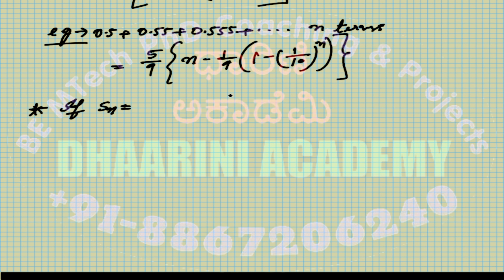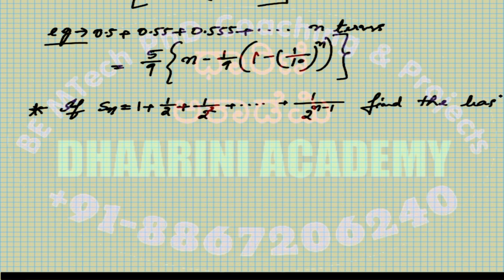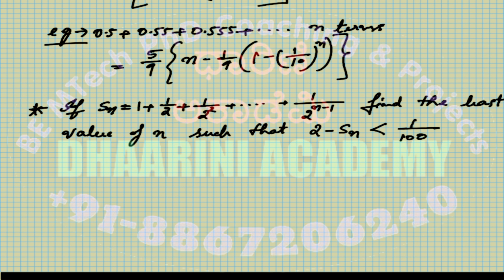If Sn is equal to 1 plus 1 by 2 plus 1 by 2 square, up to 1 divided by 2 to the n minus 1, find the least value of n such that 2 minus Sn is less than 1 by 100.